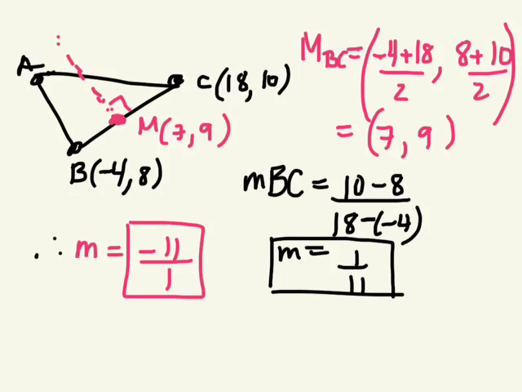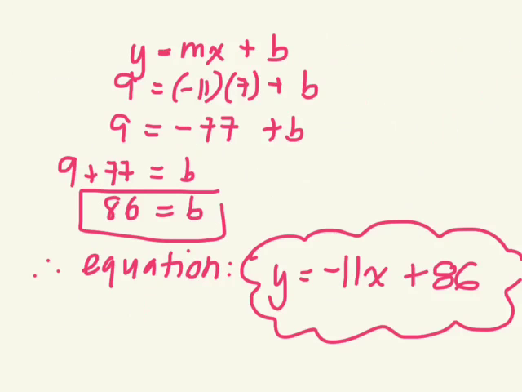So the slope of BC is 1 over 11. Therefore, the perpendicular bisector will have a slope of negative 11. You have a coordinate. What are we solving for to get the equation? Okay, we need to solve for b so that we can write our equation of the line. So when you plug it in, you should get b equal to 86. Therefore, the equation of the pink perpendicular bisector, replace m and b, and you get the equation.